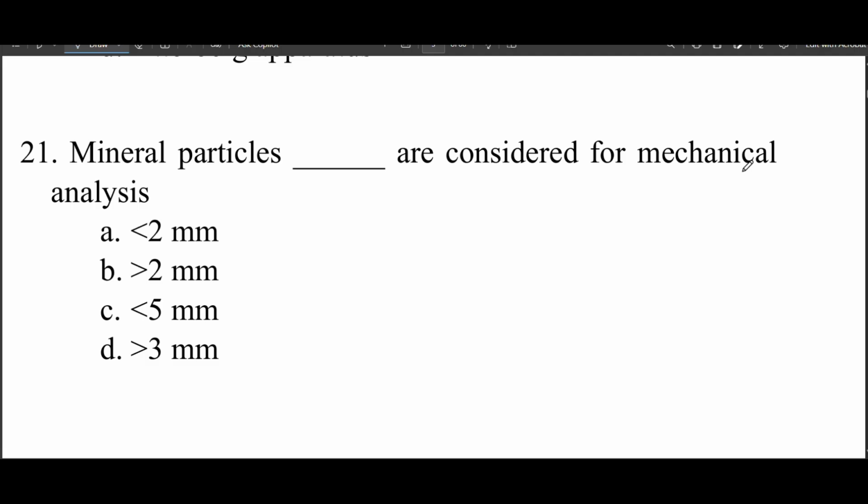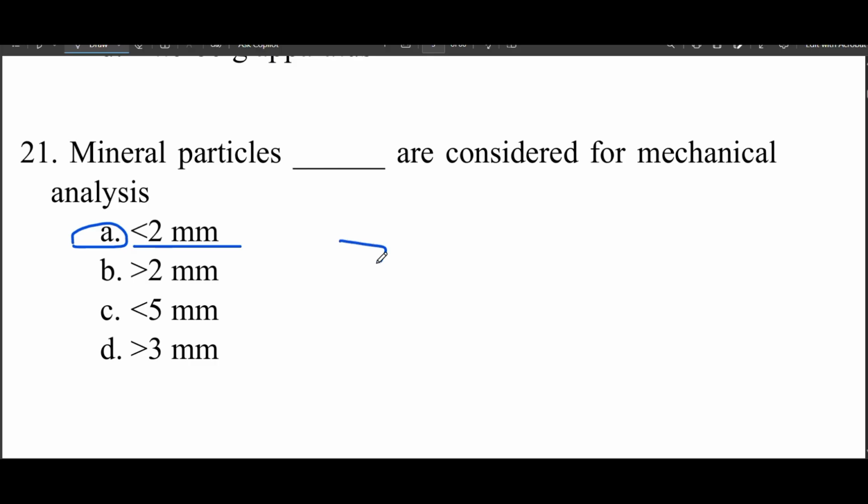So let's see the options: less than 2 millimeter, more than 2 millimeter, less than 5 millimeter, greater than 3 millimeter. So what is the correct answer? It is option A. We will consider the mineral particles less than 2 millimeter, because the particles less than 2 millimeter are actually known as soil particles.